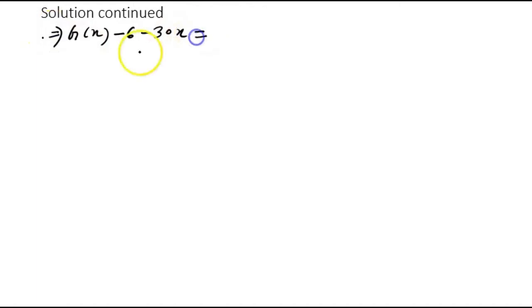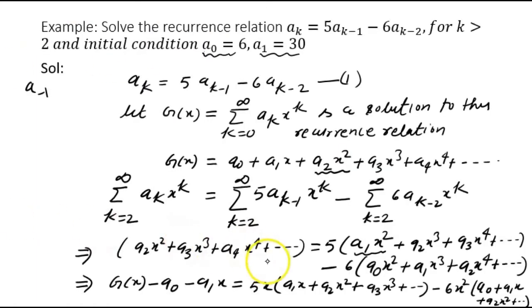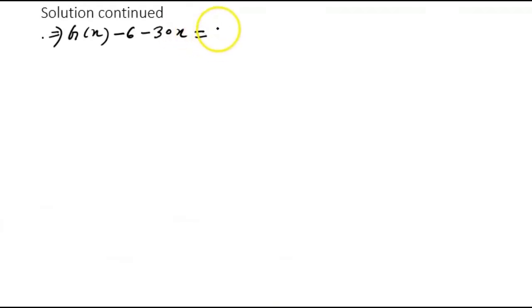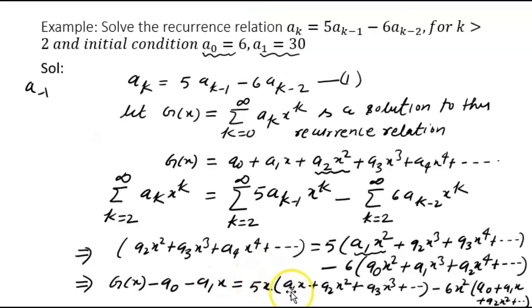And what I will get in the right hand side? You see we have 5x, that is the term, so I write 5x here. And the other term, a1 x plus a2 x square, is basically g(x) minus a0.